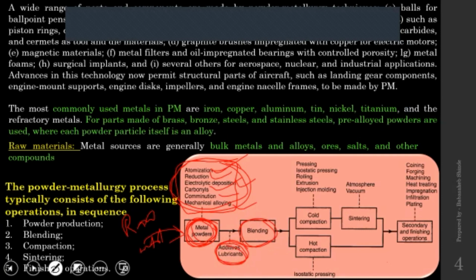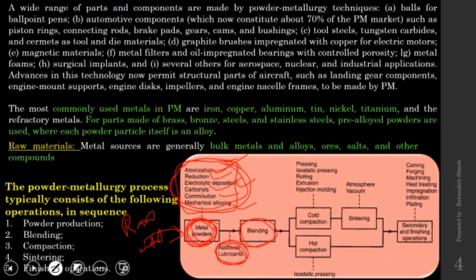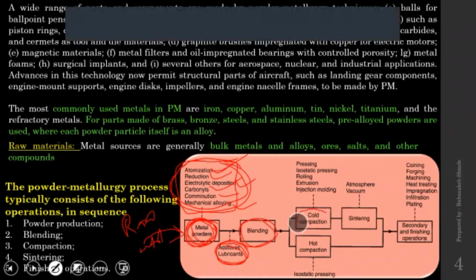So when you are compacting the mixture, whether it is hot or cold compaction, to have that better compaction characteristics, some materials are added to the powder like lubricant.